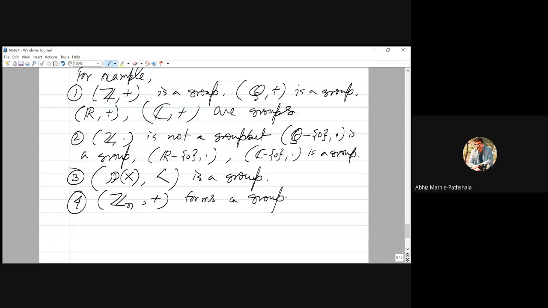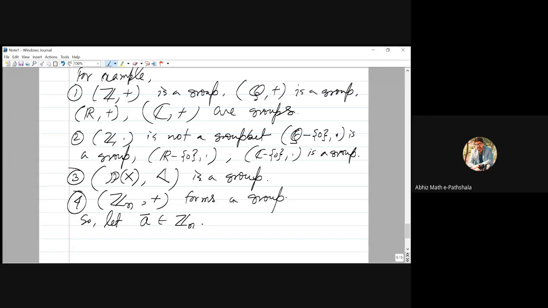Now we need to check that every element of Zn must possess an inverse with respect to addition modulo n. So let A class belong to Zn. You need to check whether A class does have an inverse with respect to addition.